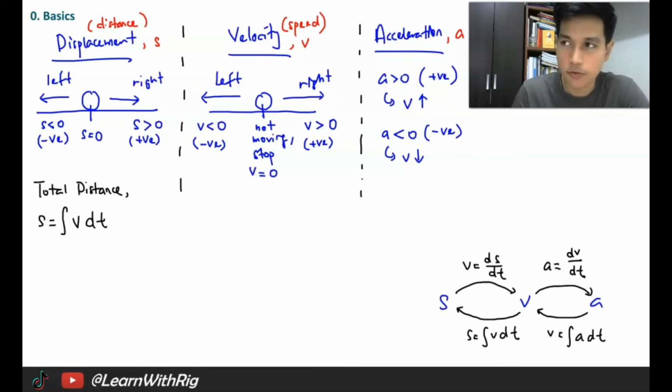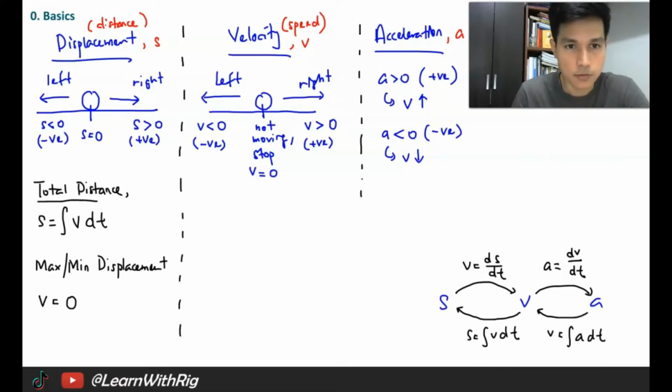Now if they ask for maximum or minimum displacement, you know that v equals 0. All this is under the displacement side.